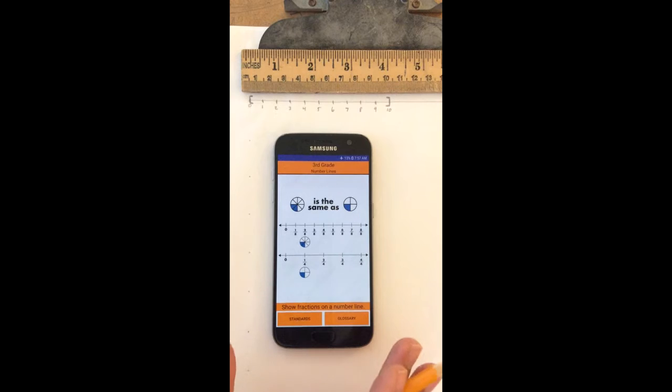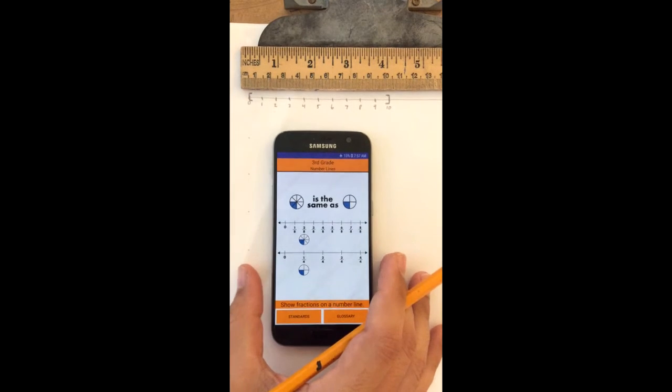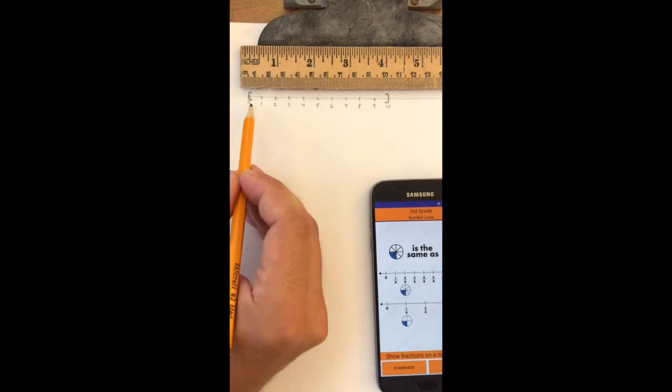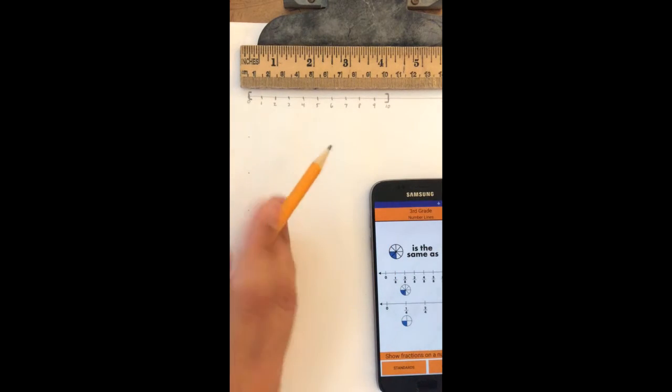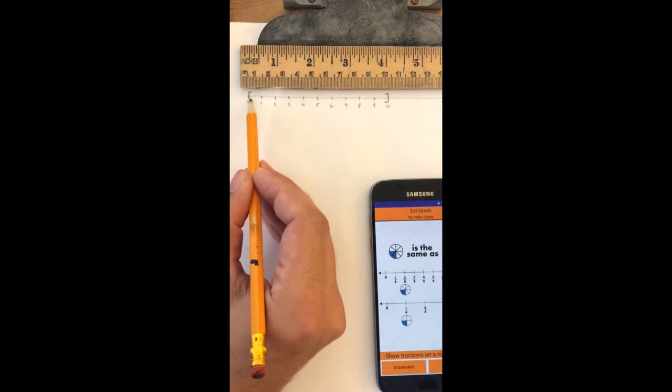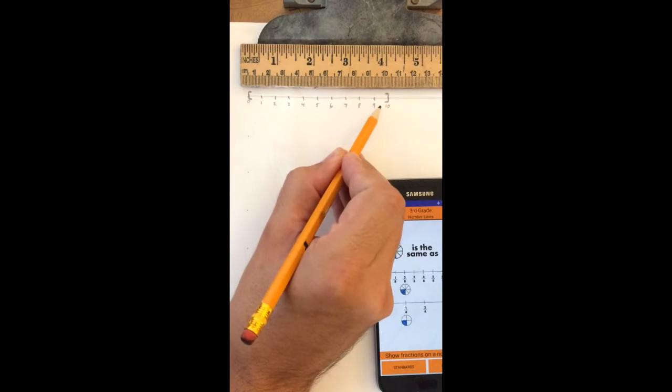So the first thing that makes this kind of tricky is when we as adults look at a number line like this, we immediately have a conceptual understanding of what this is. But to a third grader, to an 8-year-old, 7-year-old, 9-year-old, this might be the first time they've even ever considered how to communicate a number between 0 and 1. Their experience has really only focused on counting whole numbers, and then suddenly they realize that if we theoretically have something that is a pencil that long and we break it into 10 equal pieces, why would we do that?